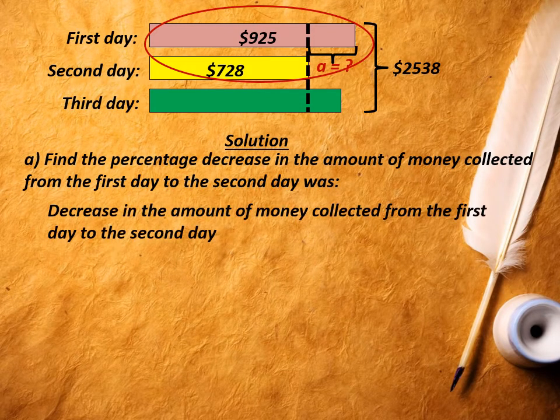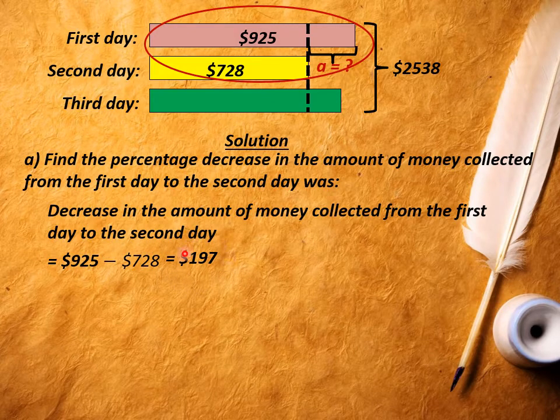At first, you need to know the amount of money decrease. You take the money collected from the first day minus the money collected on the second day. So $925 minus $728 equals $197. $197 is the amount of money decrease from the first day to the second day.